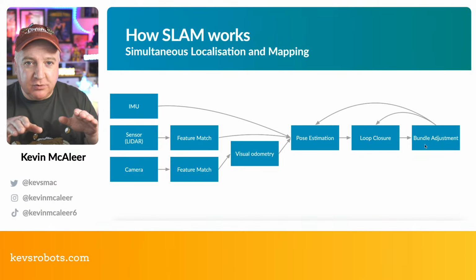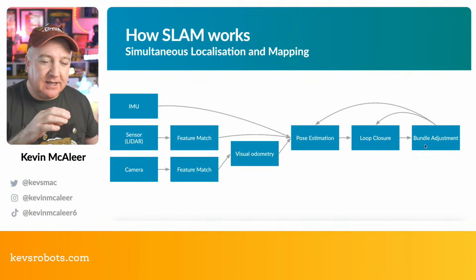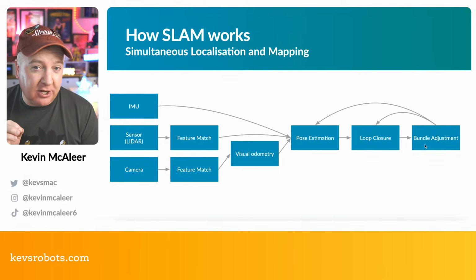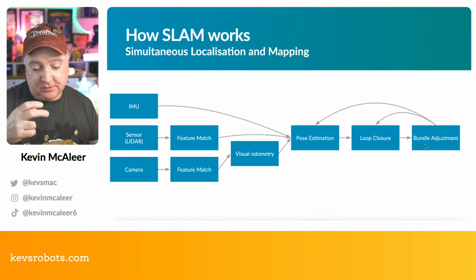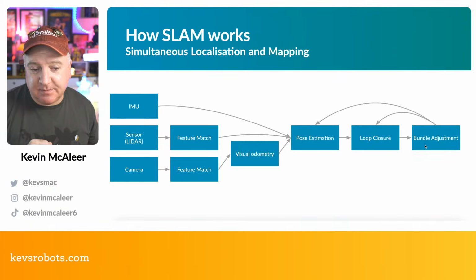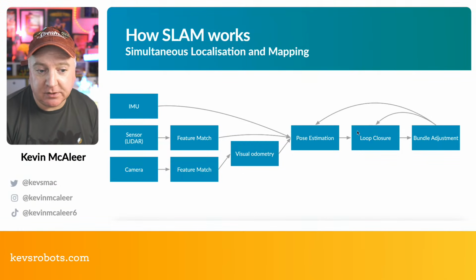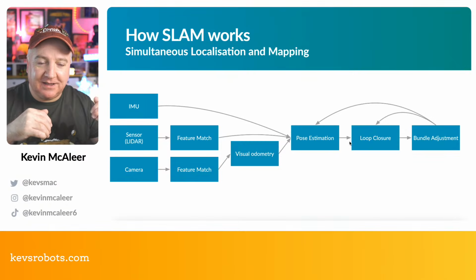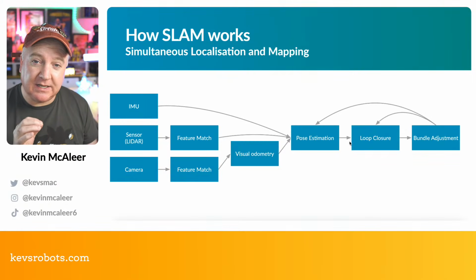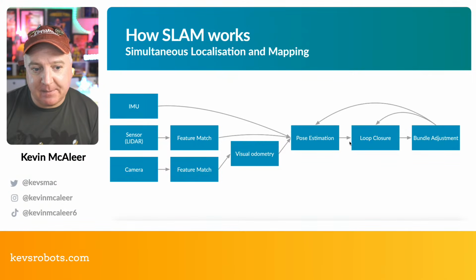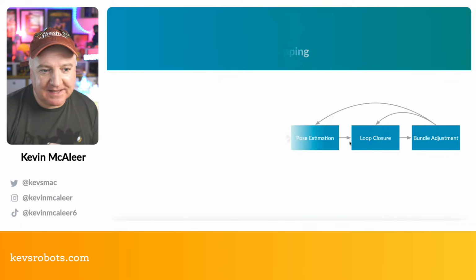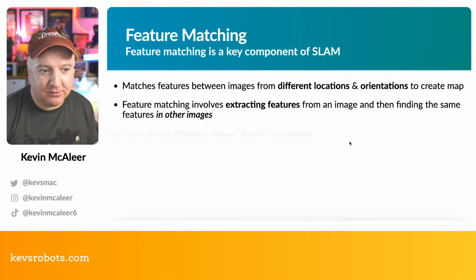It'll look like it's moving to different positions, and that's because of little errors and inaccuracies in the real world location versus the data that's being sent back from these sensors. So all these bundle adjustments, loop closure, all feed into the pose estimation to make a really solid position on our map. So that's the sort of background process that goes on with SLAM.